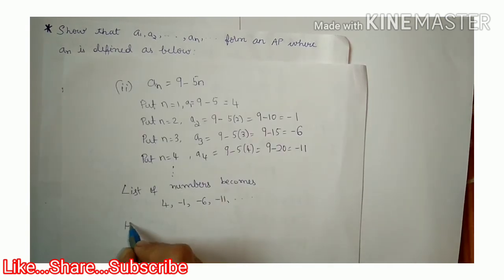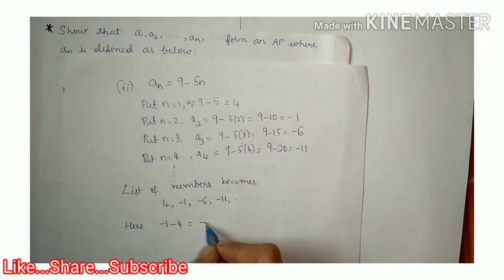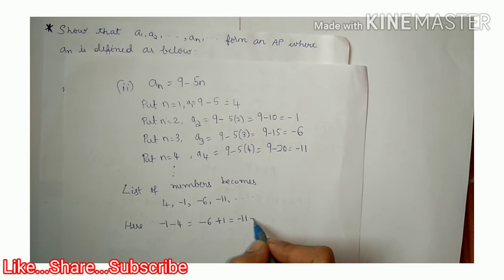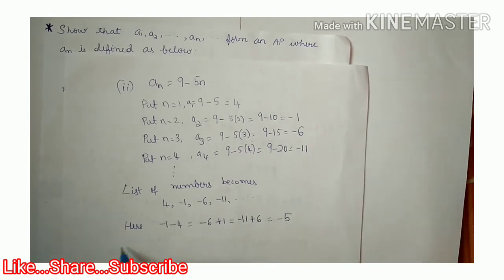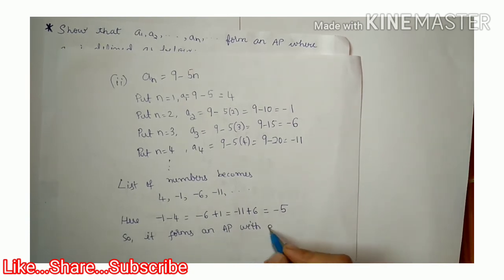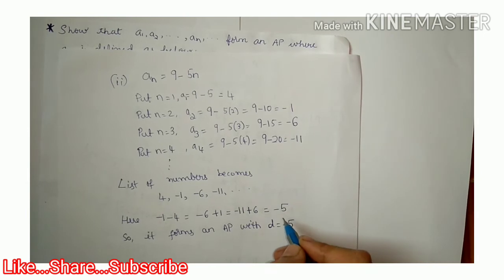Here a2 minus a1, a3 minus a2, a4 minus a3 is equal to minus 5. So it forms an AP with common difference minus 5.